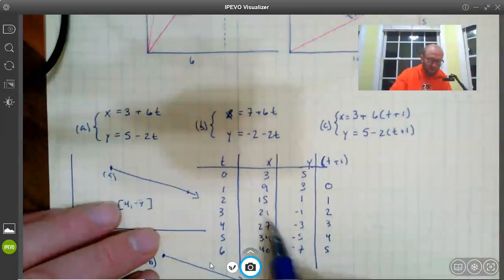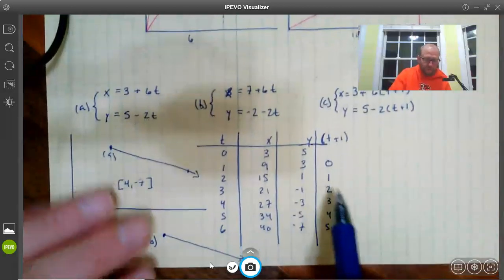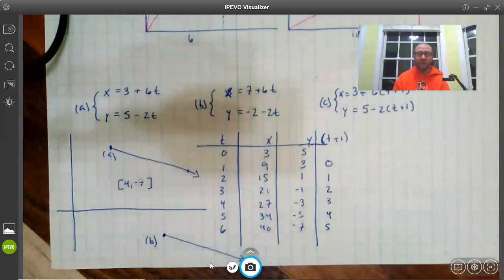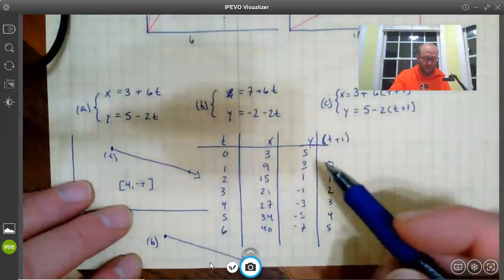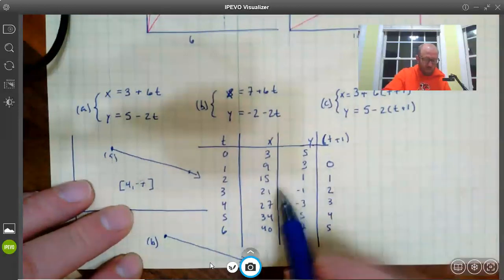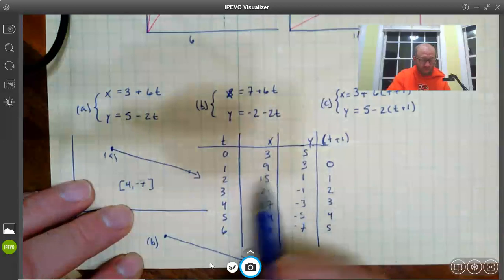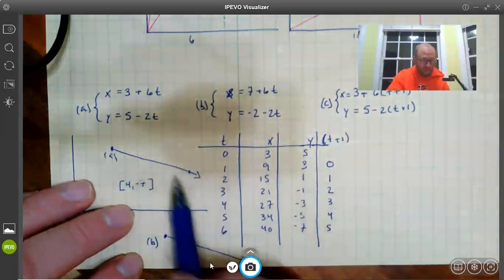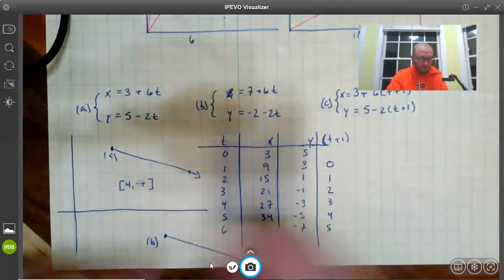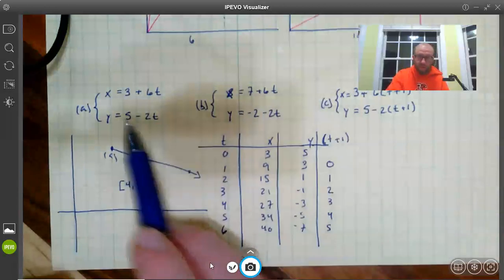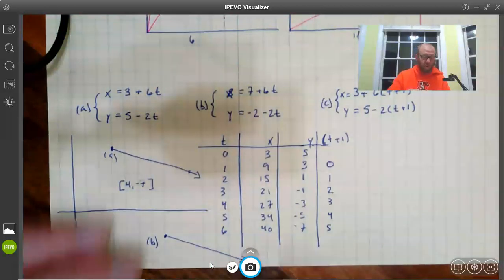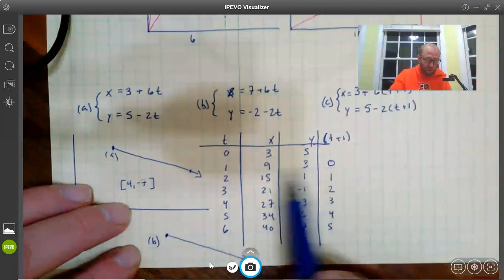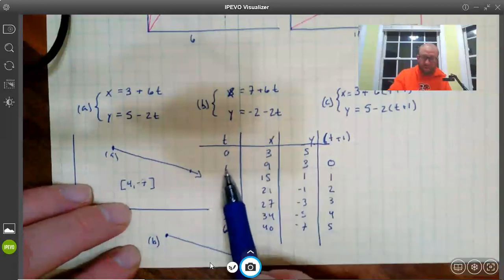So you can see that all of the outputs just get shifted. In fact, we reach all the same points using this rule that we did using this set of rules. We just get to them a little earlier. So we get to this point at t equals 0 instead of t equals 1.